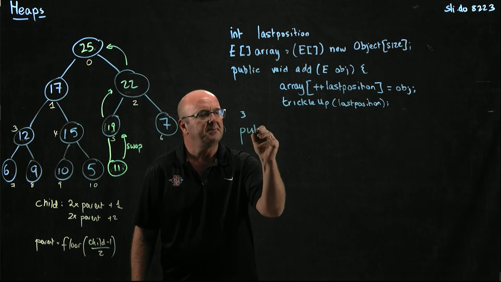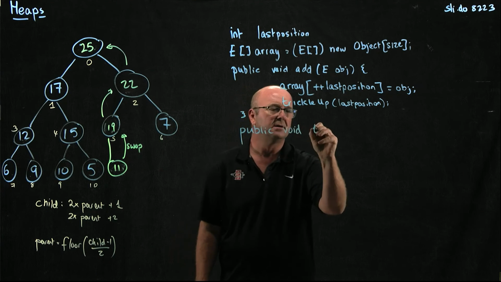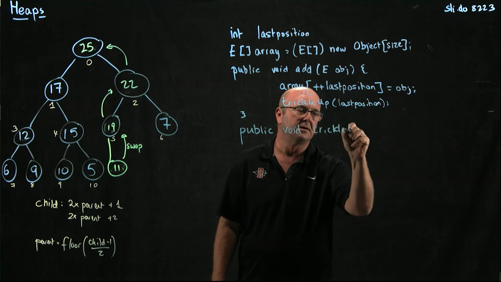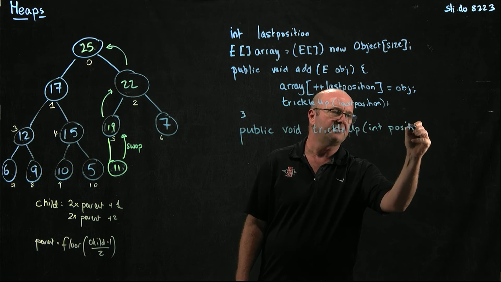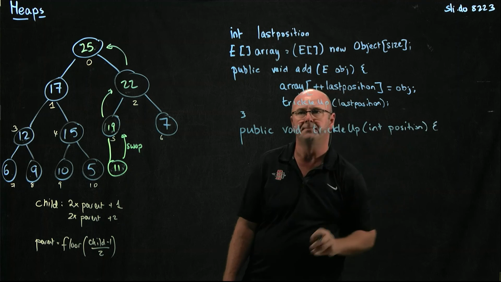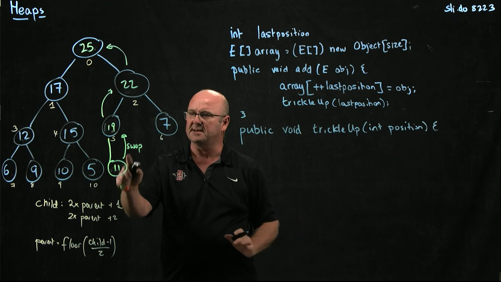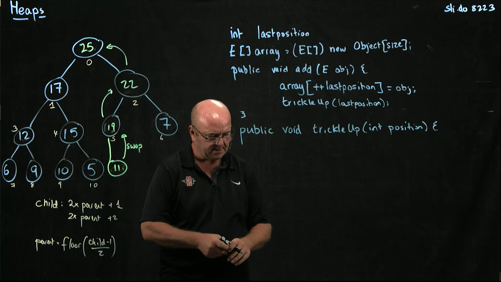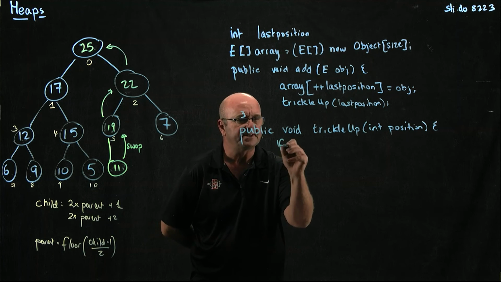So our trickle up method is going to take a position in the array that we want to trickle up from. Initially, that's last position, that's where we've added things, but it will go up the array as necessary. If we're at the root position, we're done.